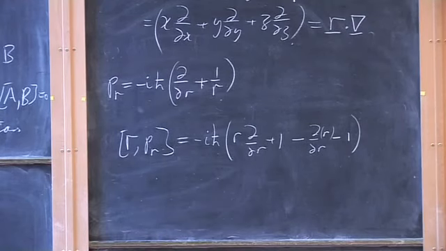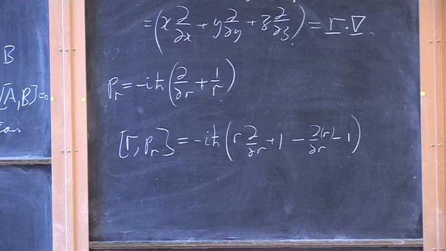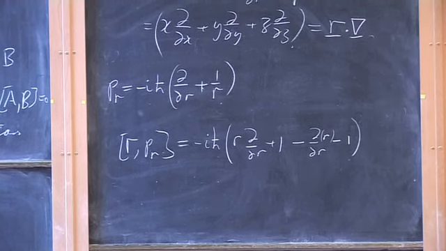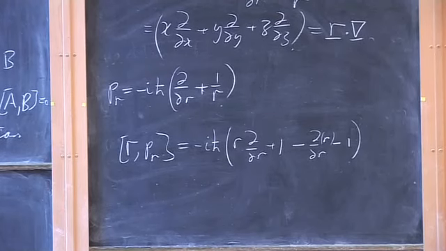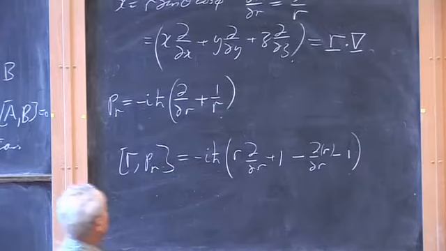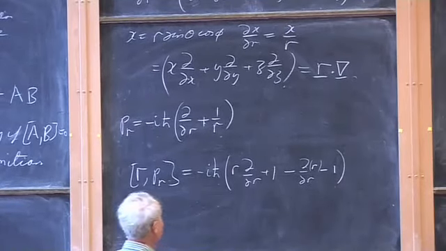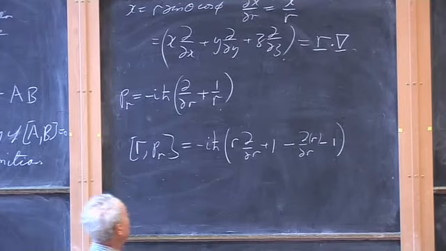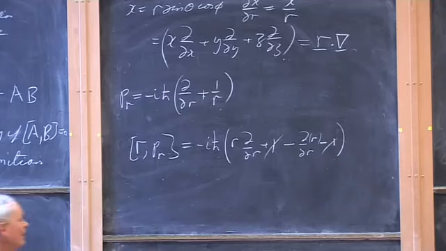That's the trouble. I want to get i h bar out of this. What did I do wrong? Yes, it's perfectly correct. Okay, so the ones go away. This sort of thing is confusing.